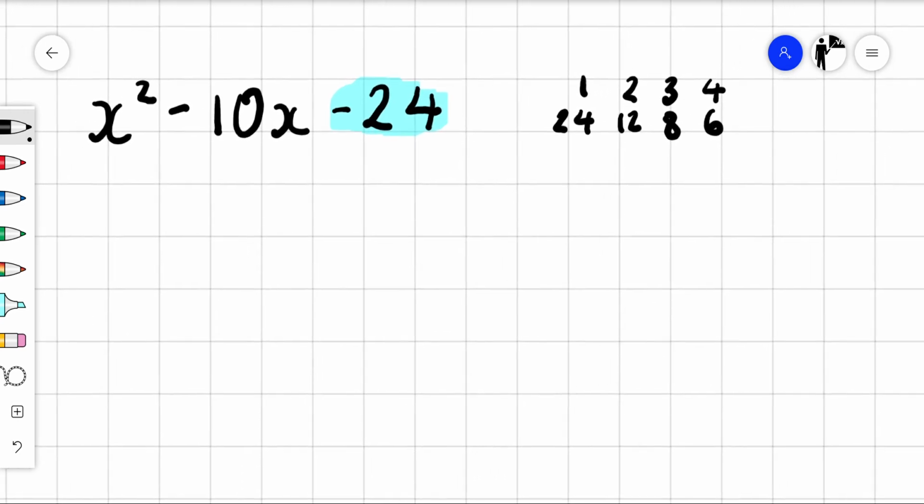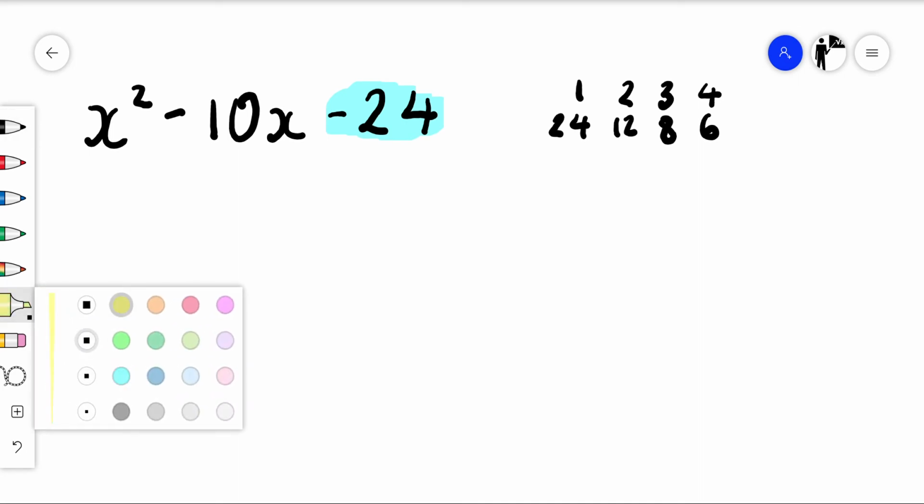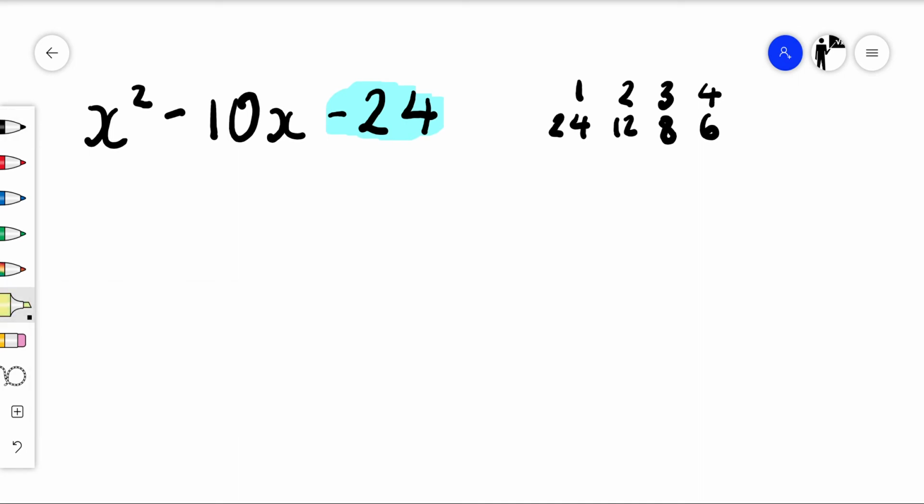Before, we would always choose the factors that would add up to make 10. However, when the last term is minus, we choose the factors that are 10 apart. And you'll see here that 2 and 12 are 10 apart.